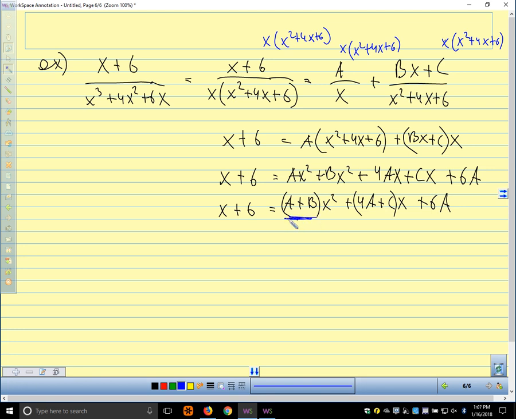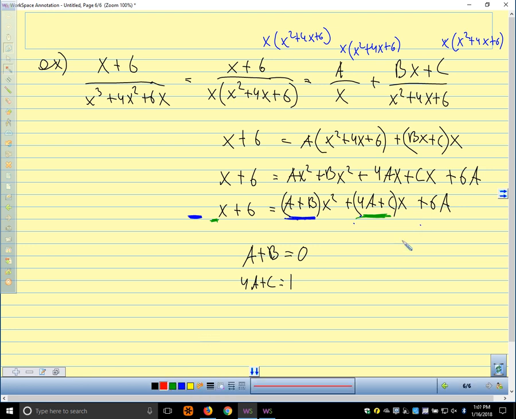So this tells me a plus b has to equal, there's no x squared over here, so a plus b has to be 0. 4a plus c has to be 1. And 6a has to equal 6.